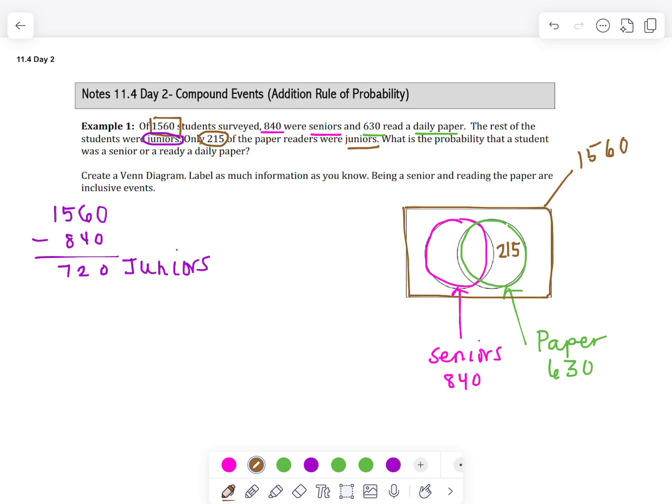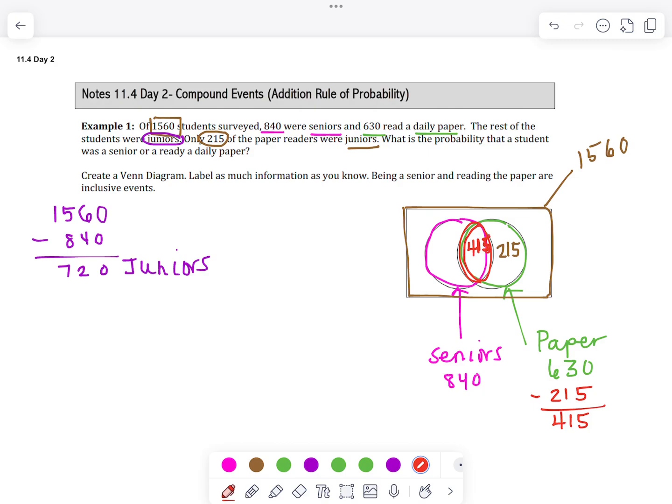So then when we want to find out this overlap, I'm going to find another color here. Right here, we can take 630 minus 215, which gives you 415, that are going to be in that overlap.